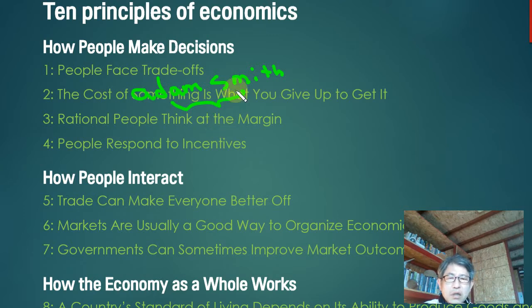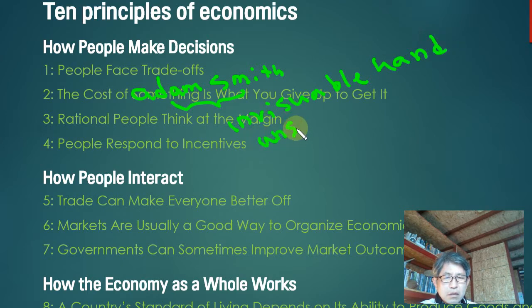He told that in the market there is an invisible hand. What price?